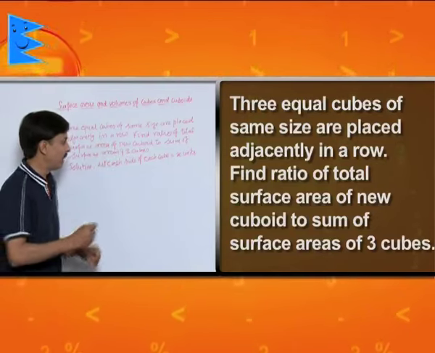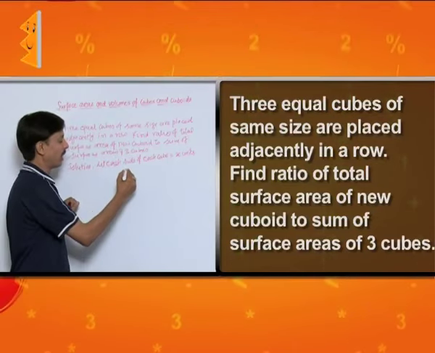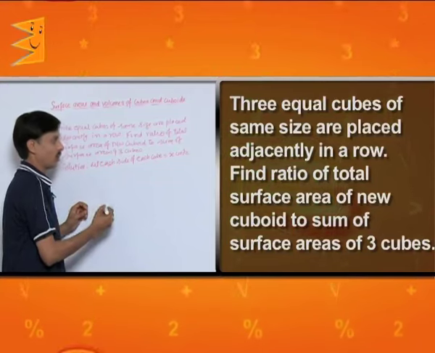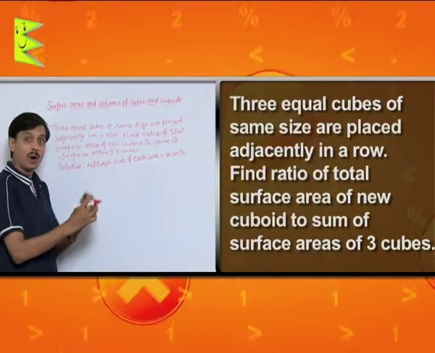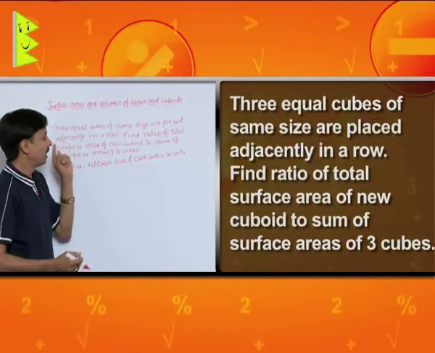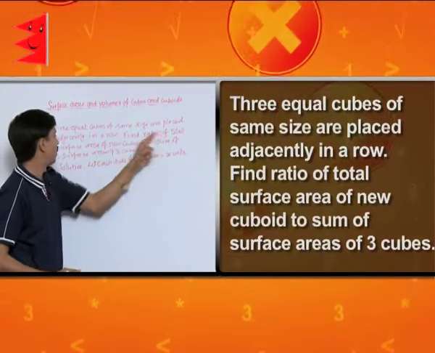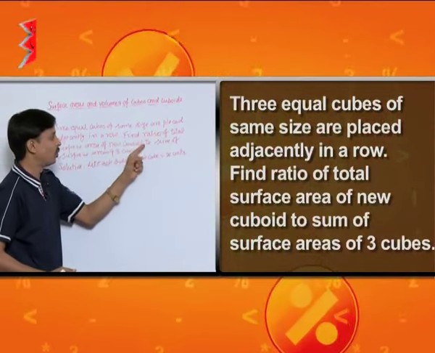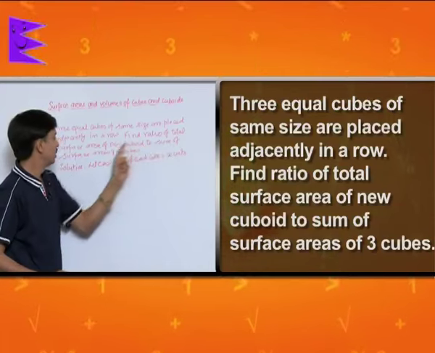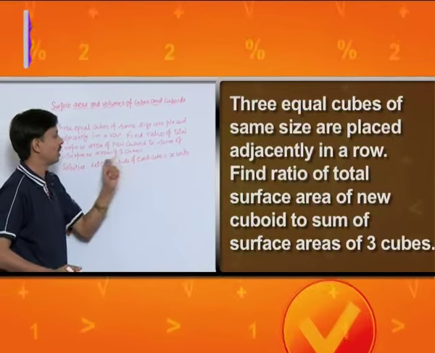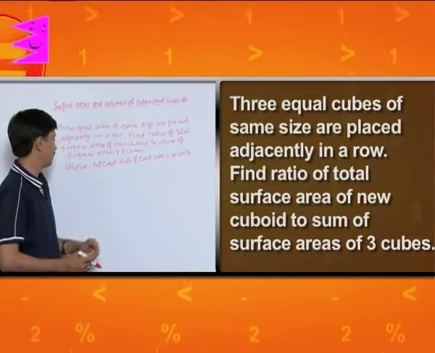If I place 3 cubes in a row, then what will form? A cuboid will form. Then they are asking to find the ratio of total surface area of the new cuboid to the sum of the surface areas of 3 cubes.